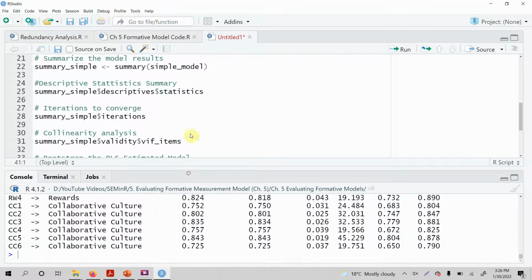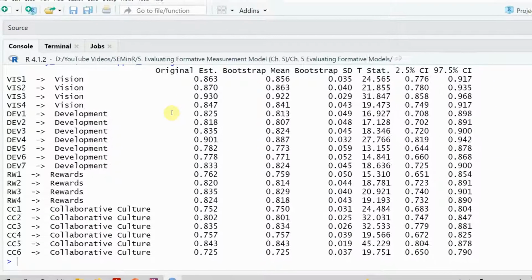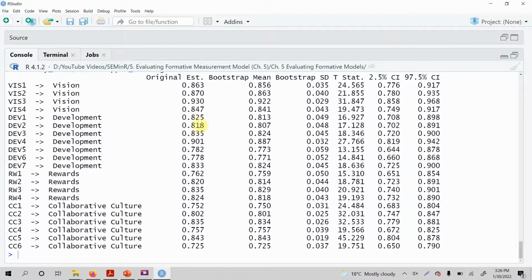Now let's have a look here. Vision 1, look at the loading, 0.863. Now this is well over 0.50. This should be retained. Look at this, Dev 1, 2, 3, well over 0.50. Now all of them here, look at this, all of them are over 0.50. Now let's assume one of them here, let's say Vision 1, was 0.463. Then again, you should have looked into this value here.